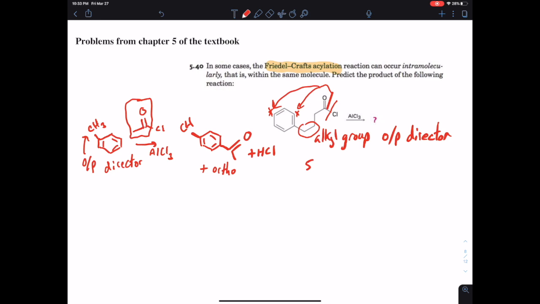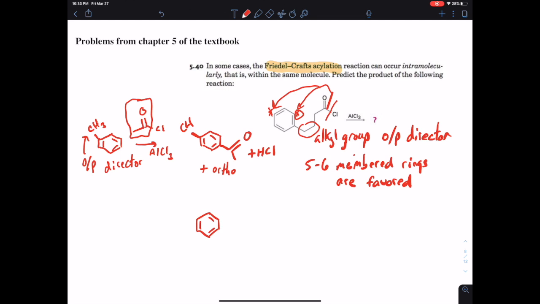So this connection is going to go to here or to here. What you find is that 5 or 6 membered rings are favored. They form very easily. So if we put it in the ortho position, that will form a 5 or 6 membered ring. If we go to the para, it's going to be a little too far away. It's going to be very strained if we try to do that.